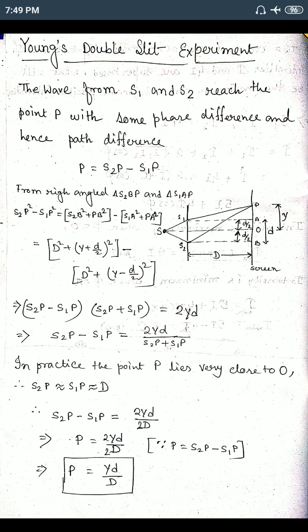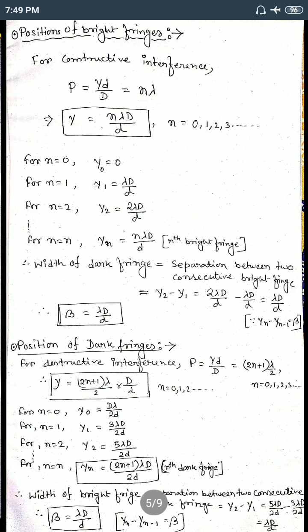So S2P minus S1P equals 2yd by 2D. S2P minus S1P is the path difference; S2P plus S1P is not. So the path difference equals yd by D. This is the path difference between the two waves.